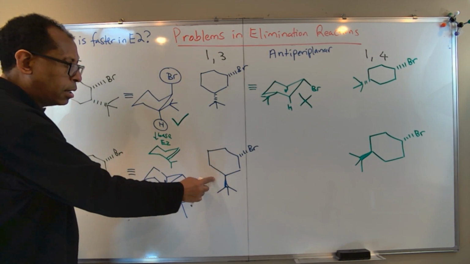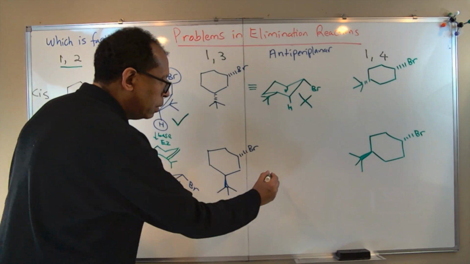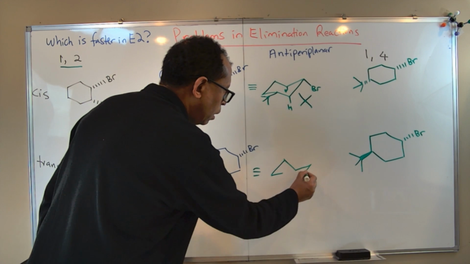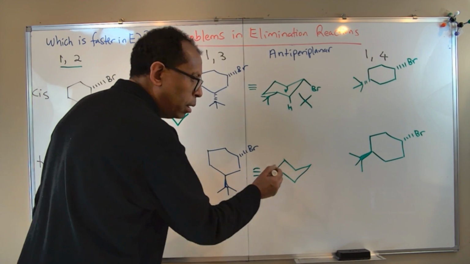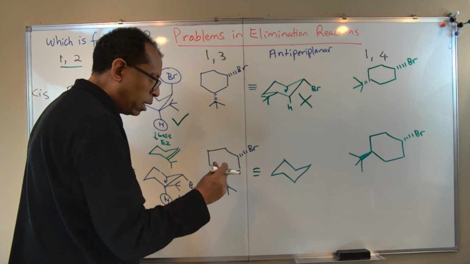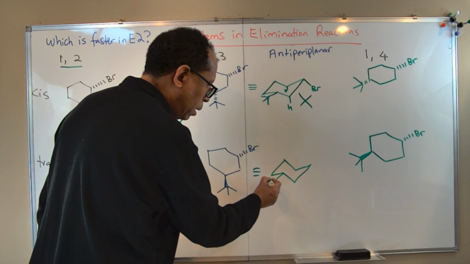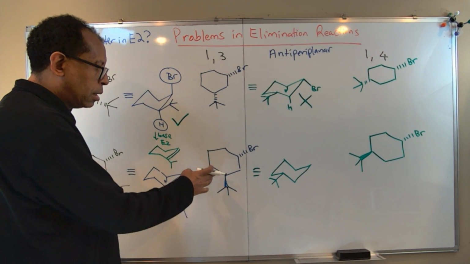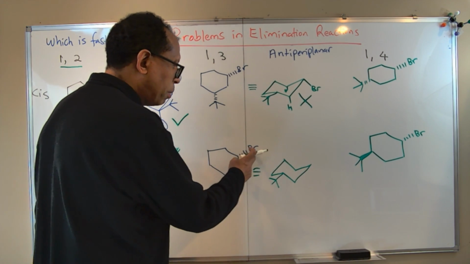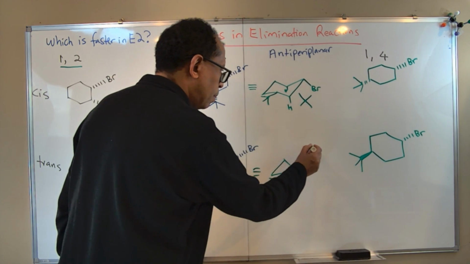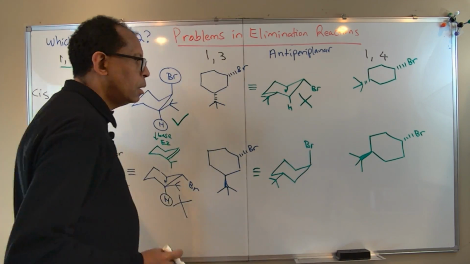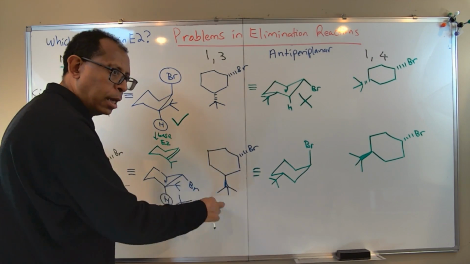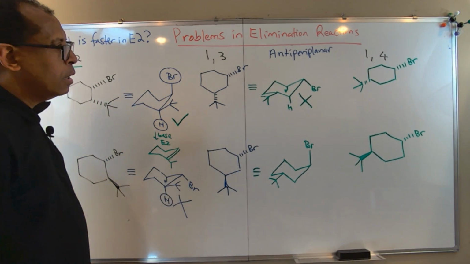Let's see the trans one. The trans one, the chair form would look like the T-butyl necessarily has to be equatorial. You don't have any option for that. Then, since they are trans, the bromine has to be up, because this is up, that's down, that's a trans arrangement.